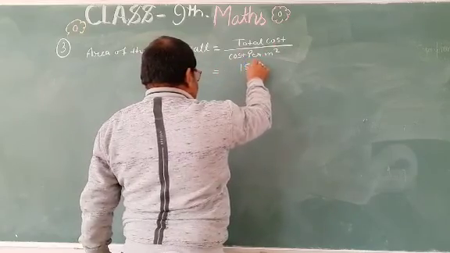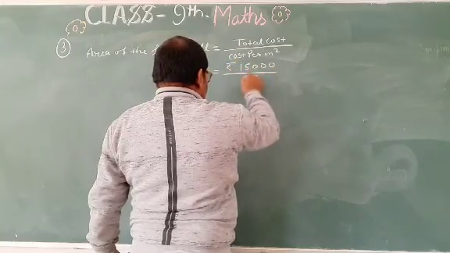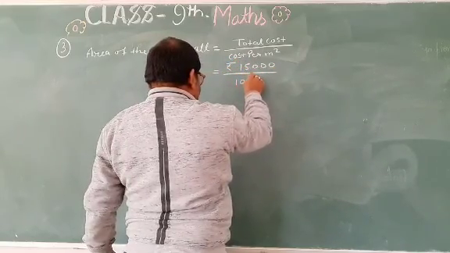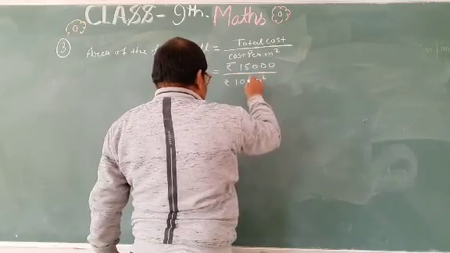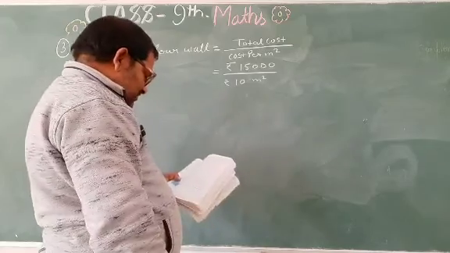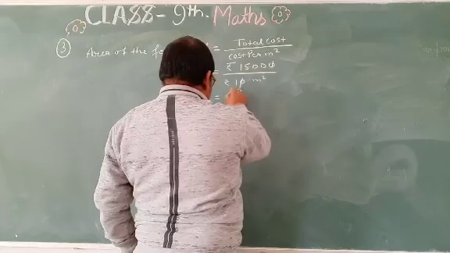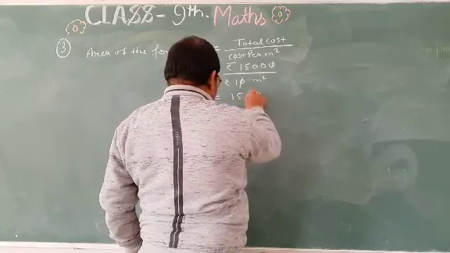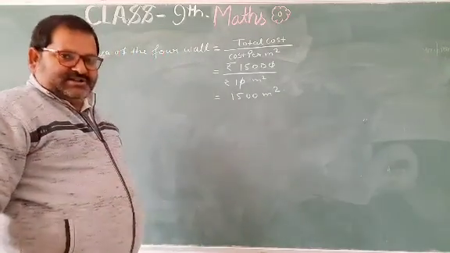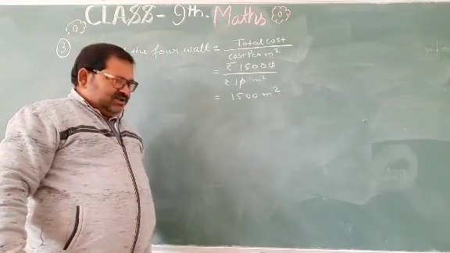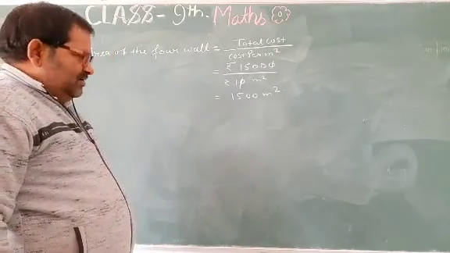Total cost 15,000 rupees upon 10 rupees per meter square is equal to 1500 meter square. 1500 meter square is the area of four walls.